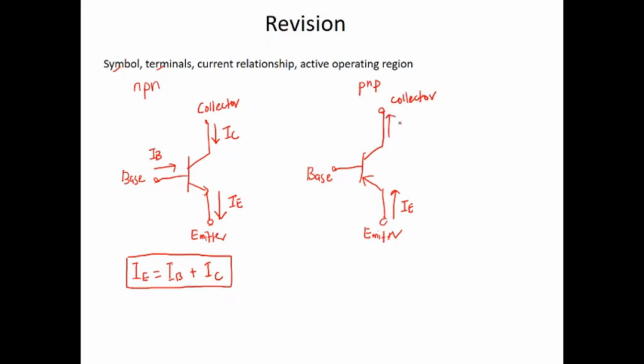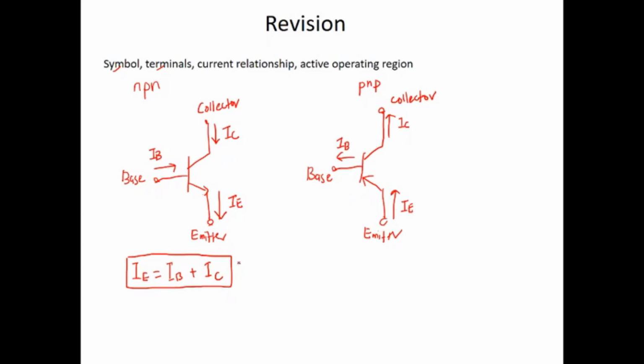The collector current is IC and the base current is IB. Note the difference between NPN and PNP. Maybe in the previous class I did not emphasize PNP, but you need to know the difference between PNP and NPN in terms of current direction.